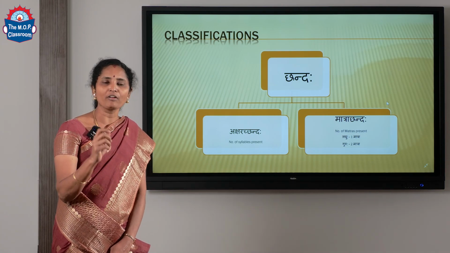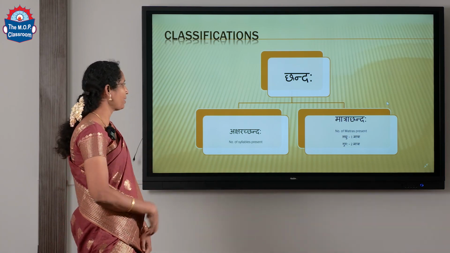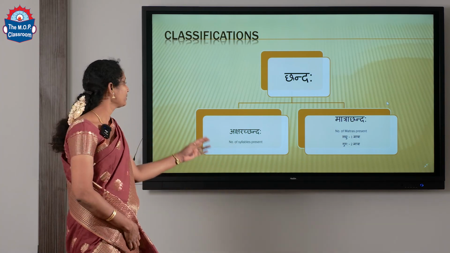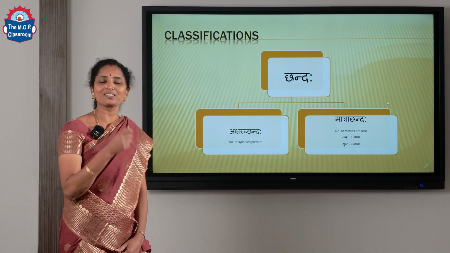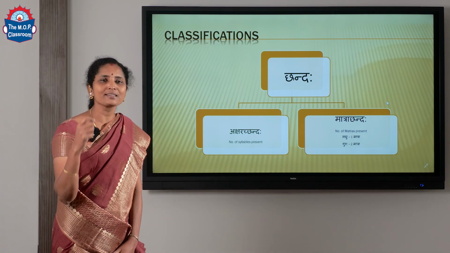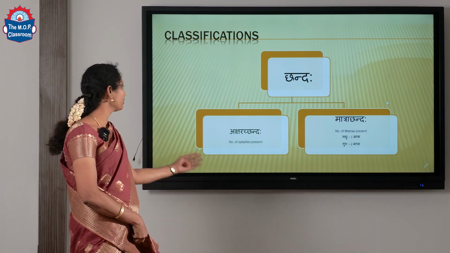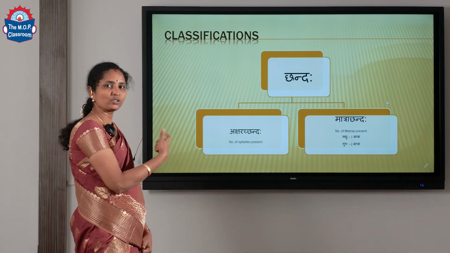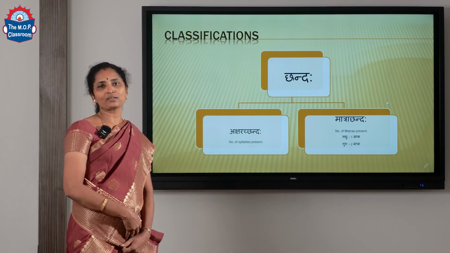Counting of the total number of syllables present in the verse is called Akshara Chandaha.